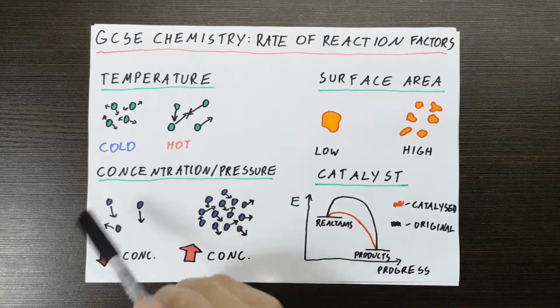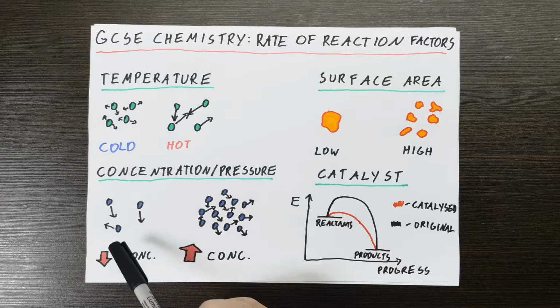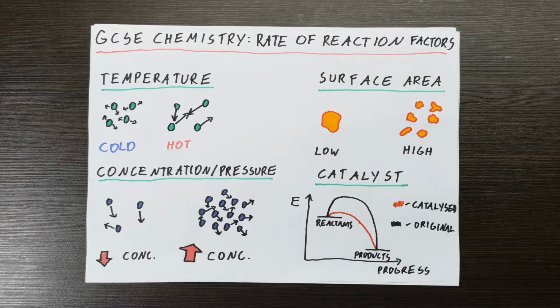Because if we have very few particles in a given space, then they are pretty unlikely to collide with each other. They're moving about randomly, but because there aren't very many of them, they're unlikely to collide. So the frequency of successful collisions is low.